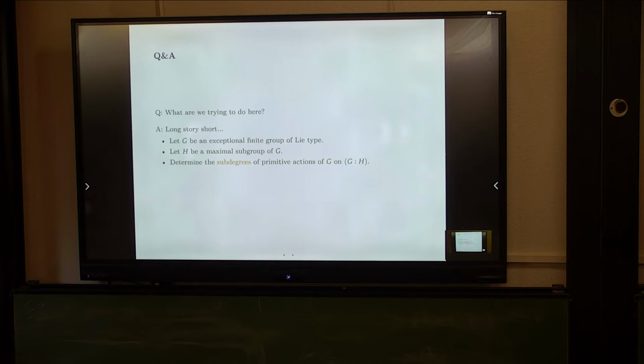We've seen a lot of classical ones today, and there are some exceptional ones. We take a maximal subgroup of that, and we want to determine the subdegrees of this primitive coset action. And how? Again, as we've seen before, we can do this by calculating the intersections of the two-point stabilizer, just the two-point stabilizer.